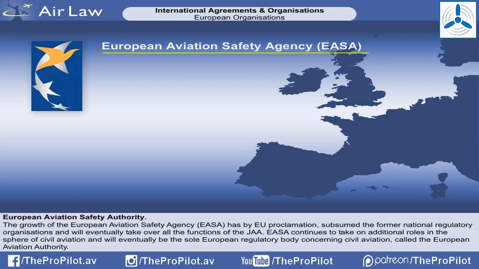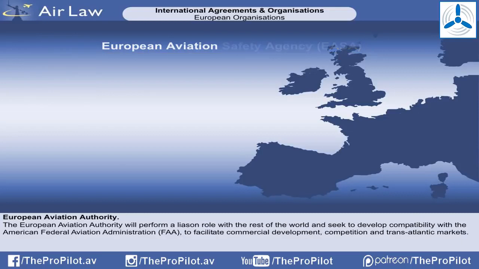With the adoption of new regulations in 2002 by the European Parliament and the Council of the European Union, a new regulatory framework was created under the European Aviation Safety Agency, EASA. This new agency of the European Union has subsumed the responsibilities of the Joint Aviation Authorities. EASA is the sole European regulatory and executive body concerning civil aviation.